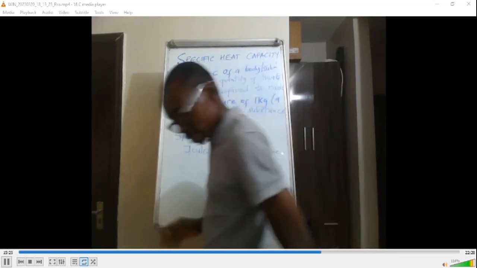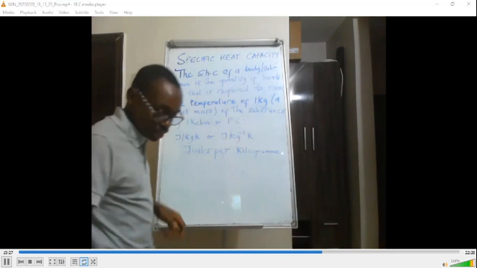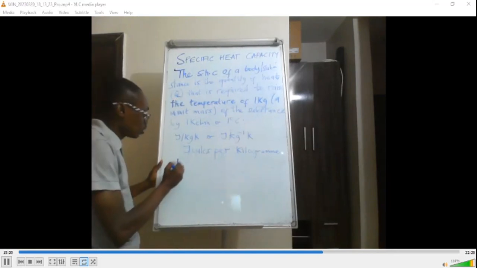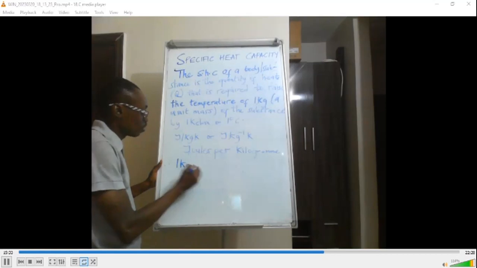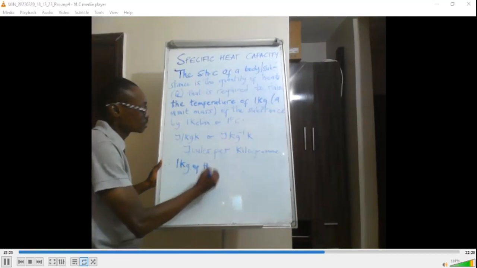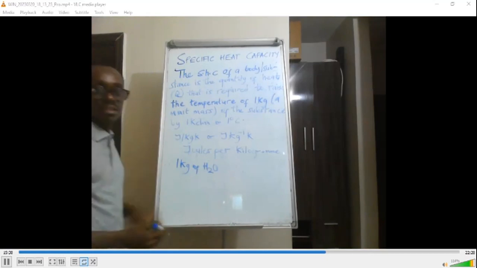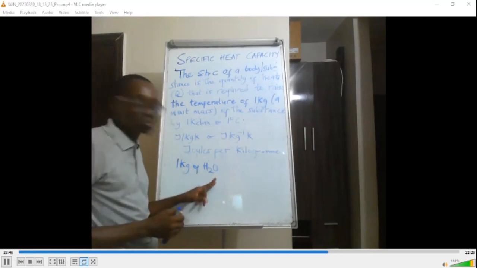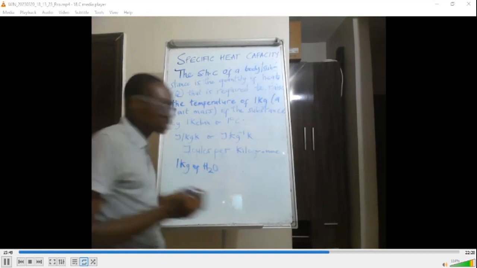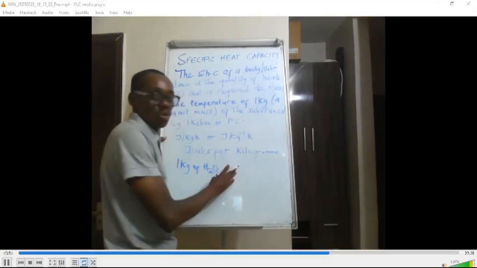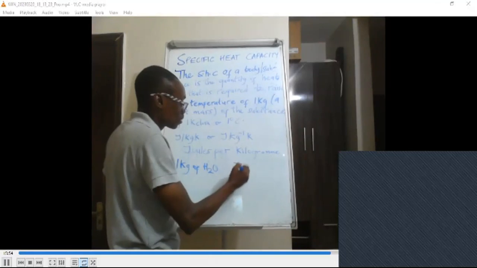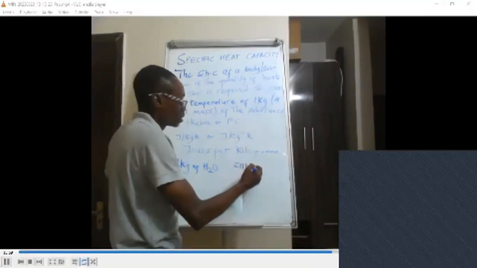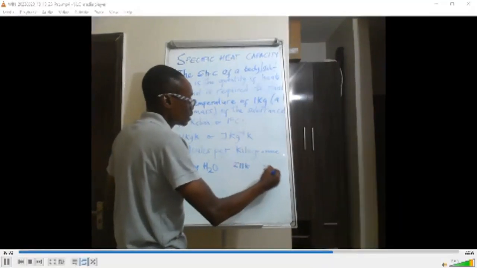So let me explain this definition. You have 1 kilogram of, let's say, water. How much heat will be required to raise 1 kilogram of water from an initial temperature of 271 Kelvin to a final temperature of 272 Kelvin?